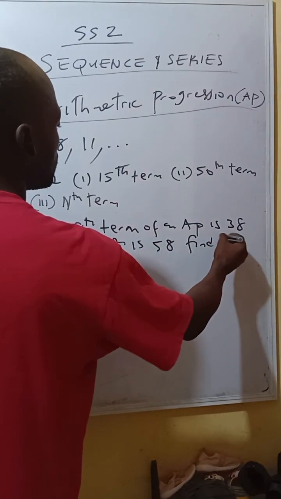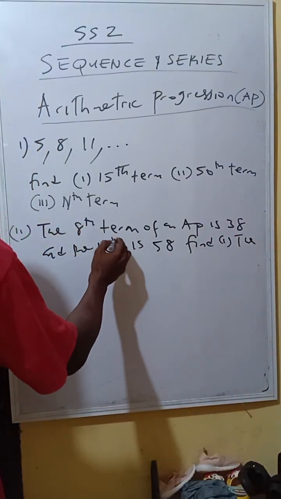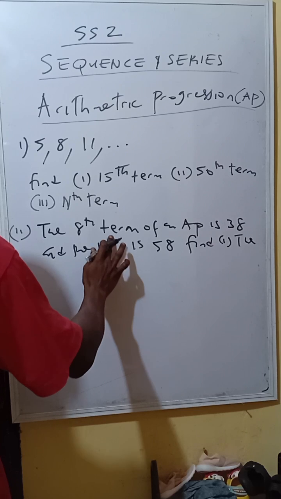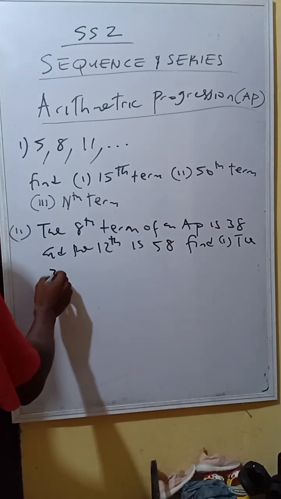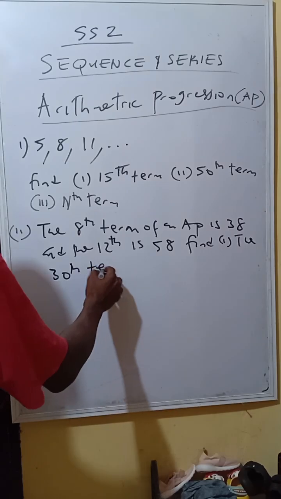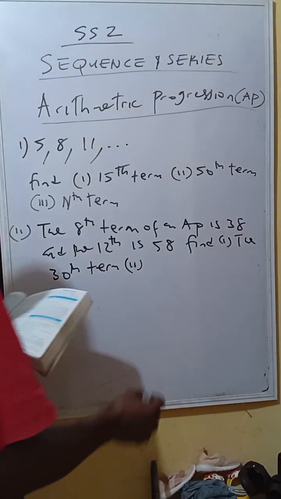Find the 30th term. The 8th term of an AP is 38, and the 12th term is 58. Find the 30th term. 2, the nth term.